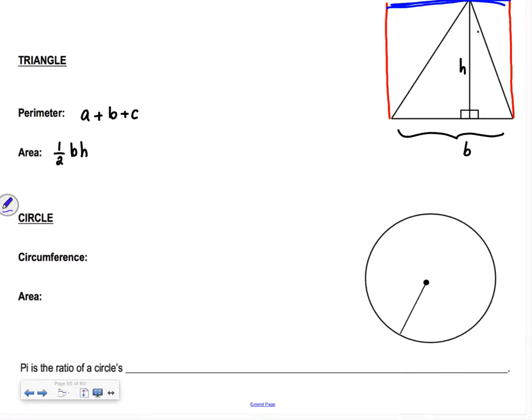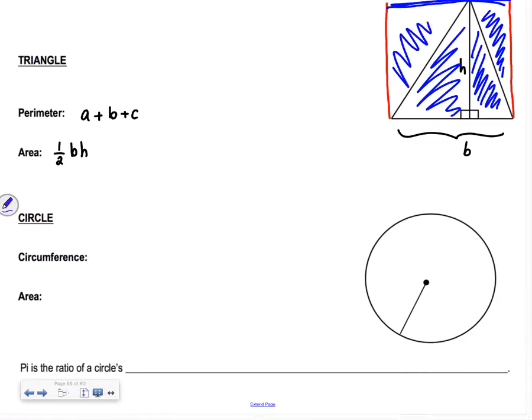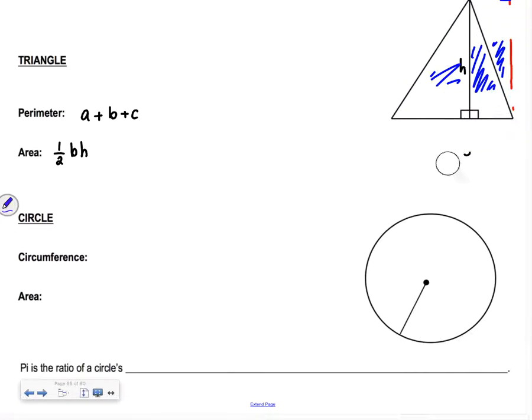In that rectangle, we have a triangle here that ends up being the same as this triangle over here, and a triangle here that ends up being the same as this triangle here. So it ends up being half of base times height, like the area of the rectangle would have been. That's where that formula comes from. So it's 1/2 base times the height.